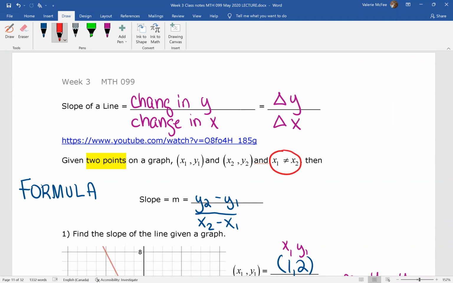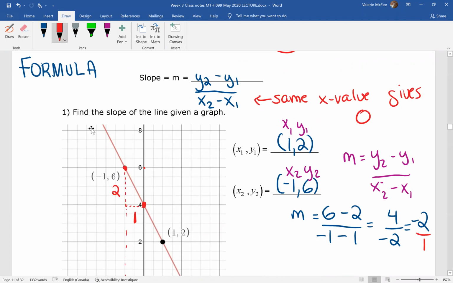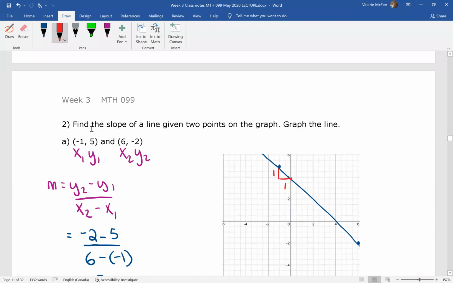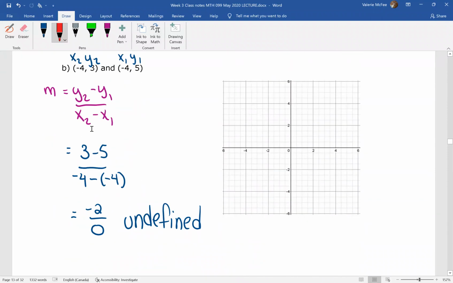We said that x1 cannot equal x2, because if these are the same numbers and we're subtracting, we would have 0 in the denominator. That's exactly what happened in our example over here. x1 was the same as x2, and we have a slope that's undefined.